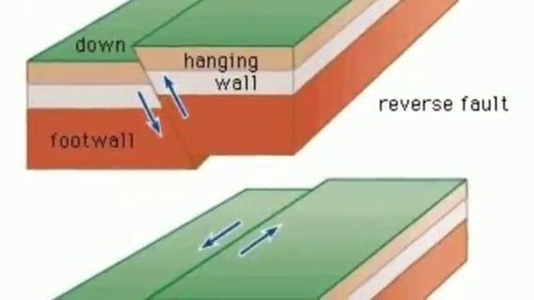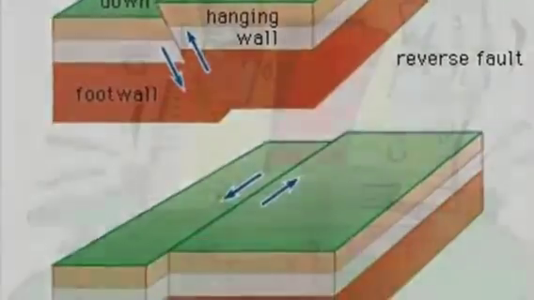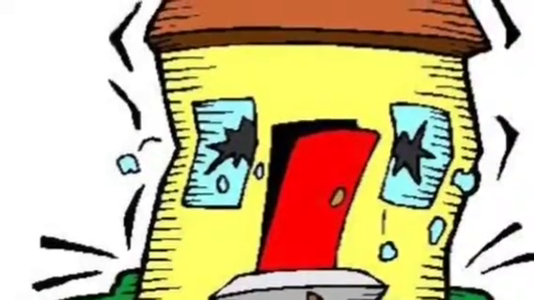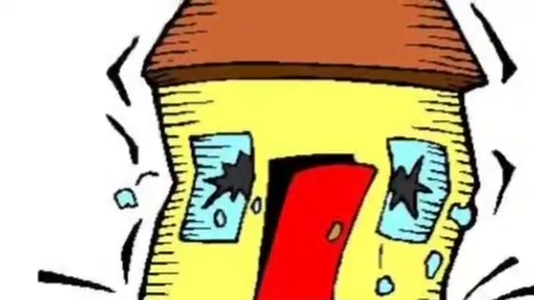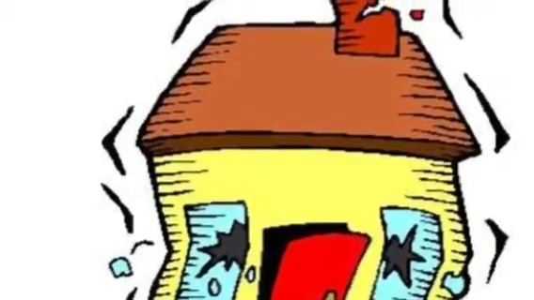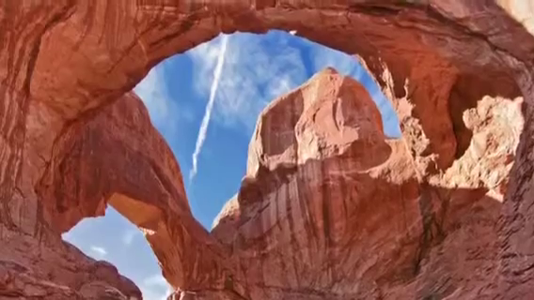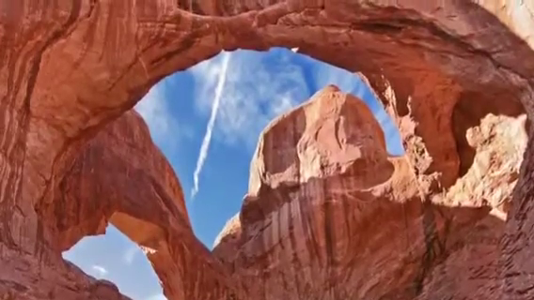Third, model the process of energy buildup and release in earthquakes. Fourth, investigate and report possible reasons why the best engineering or ecological practices are not always followed in making decisions about building roads, dams, and other structures. And last, model how small changes over time add up to major changes to Earth's surface.